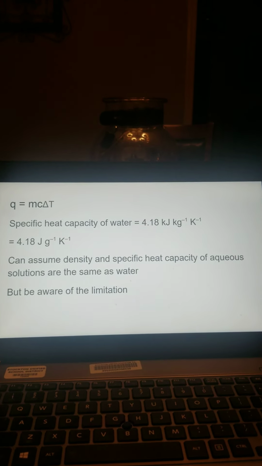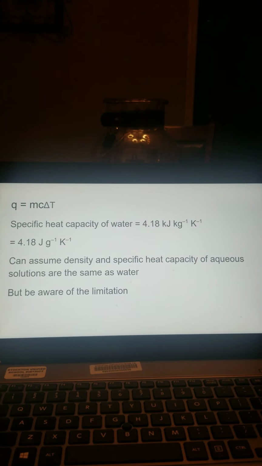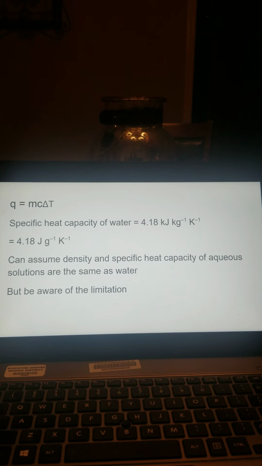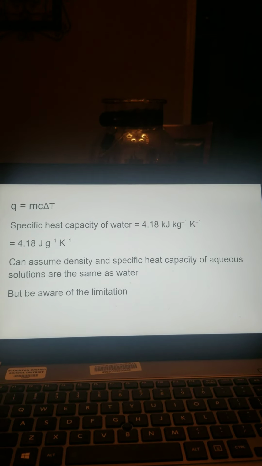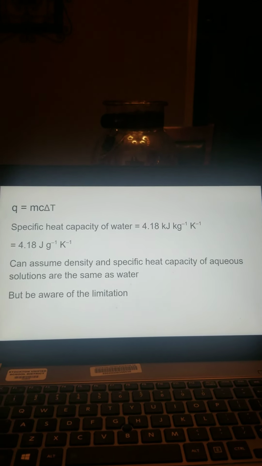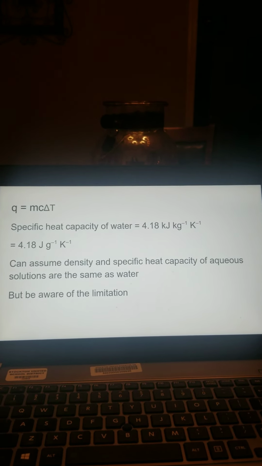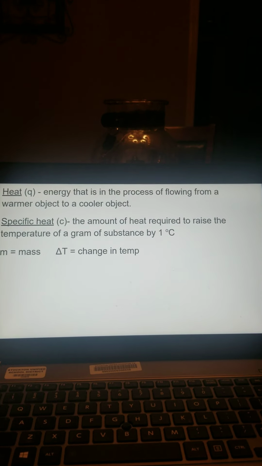And if ever there is a solution and it says it's aqueous, then you just use the same value for that. You assume it's water. So beware of that limitation. They'll ask you questions and they'll want you to know that it's not exactly the same density and heat capacity of water, but you're going to use that since it's an aqueous solution.